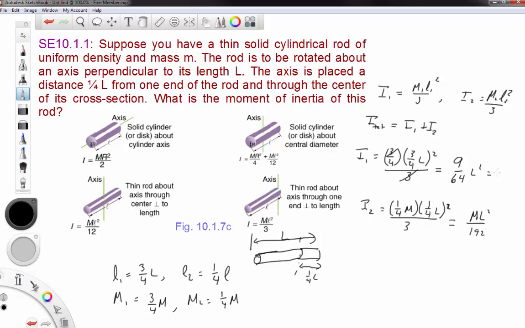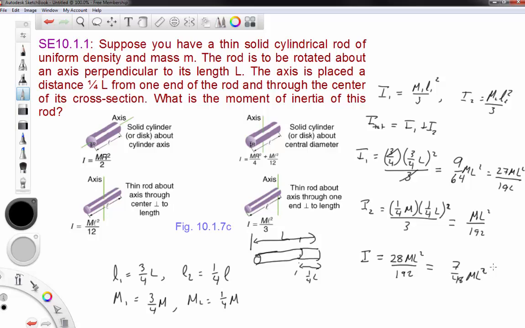This one, for what it's worth, would be 27 ml squared over 192. So the total moment of inertia should be 28 ml squared over 192, which is equivalent to 7/48 of ml squared.